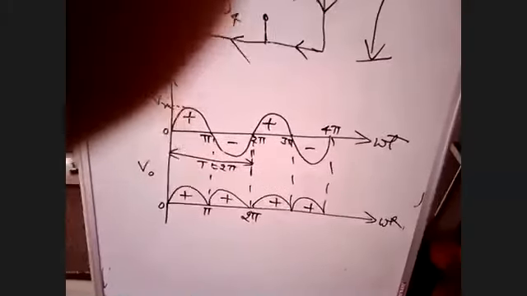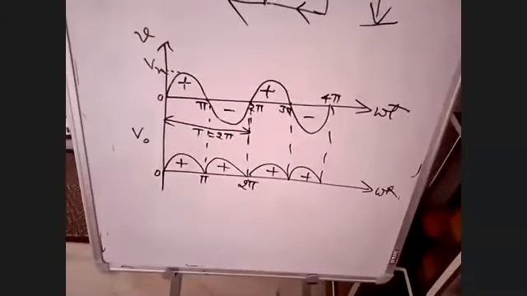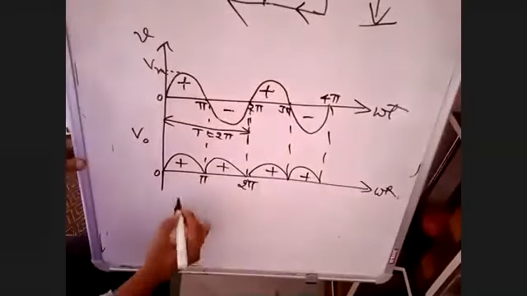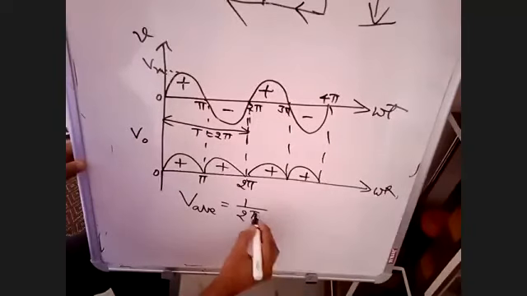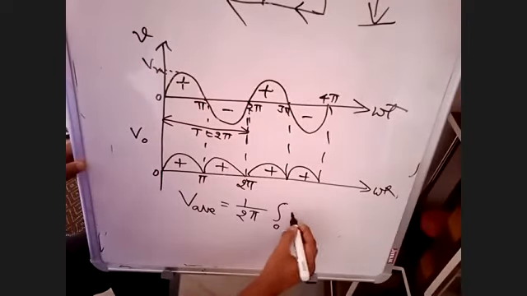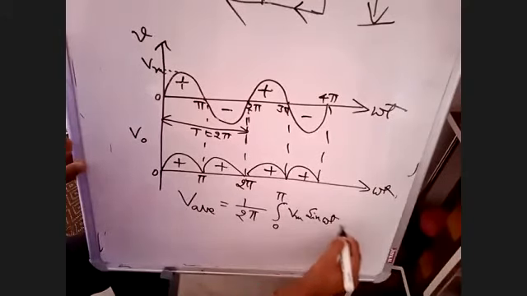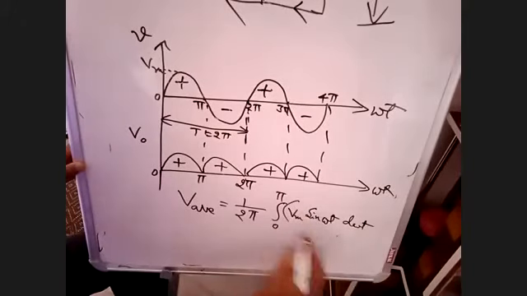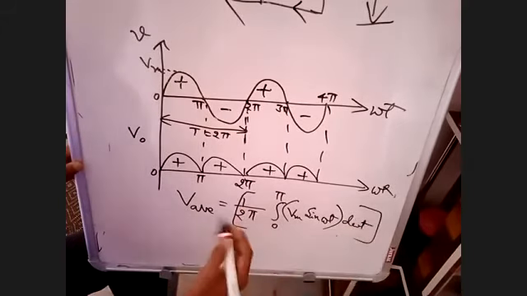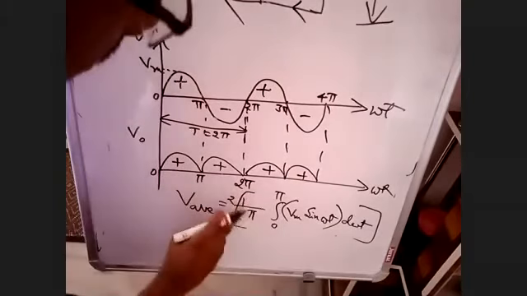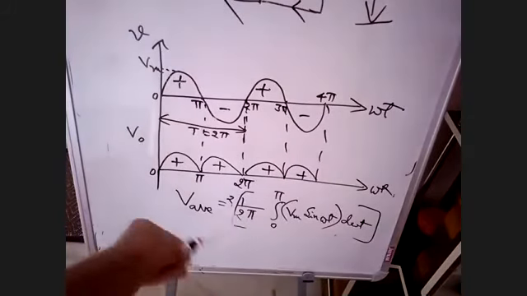Now we will derive the average output voltage for this V0. Average voltage and RMS voltage. Total time period of one cycle. See here, I'm taking a symmetric cycle.